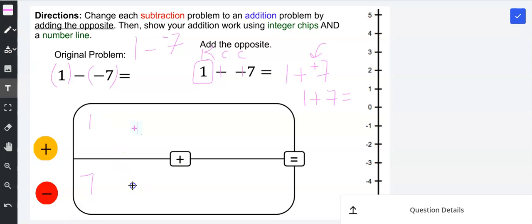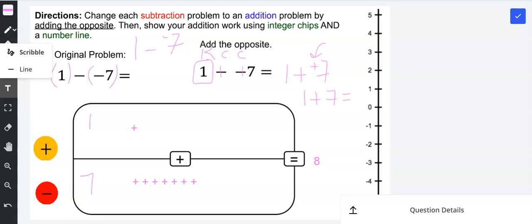And then we need 7 of those down here. So 1, 2, 3, 4, 5, 6, 7. If you have 7 yellow integer chips and 1 yellow integer chip, then your answer is going to be 8 yellow integer chips.